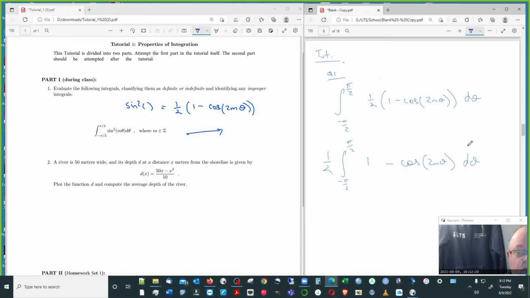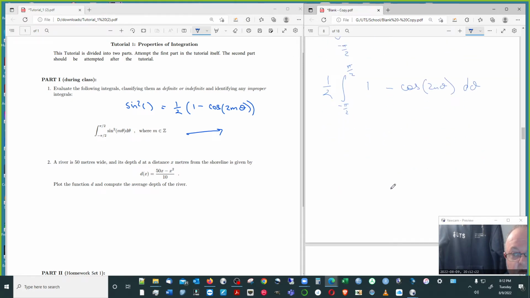And we can actually treat them separately now. So in effect I can put the half out the front of a big bracket if I want to, and integrate the 1 d theta minus the integral of cos 2m theta d theta. There's nothing wrong with me doing that and keeping the limits the same for both computations.